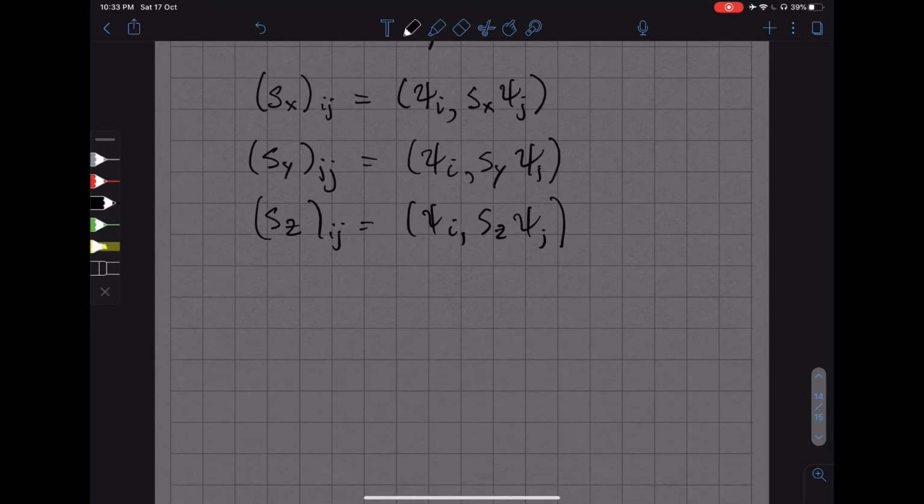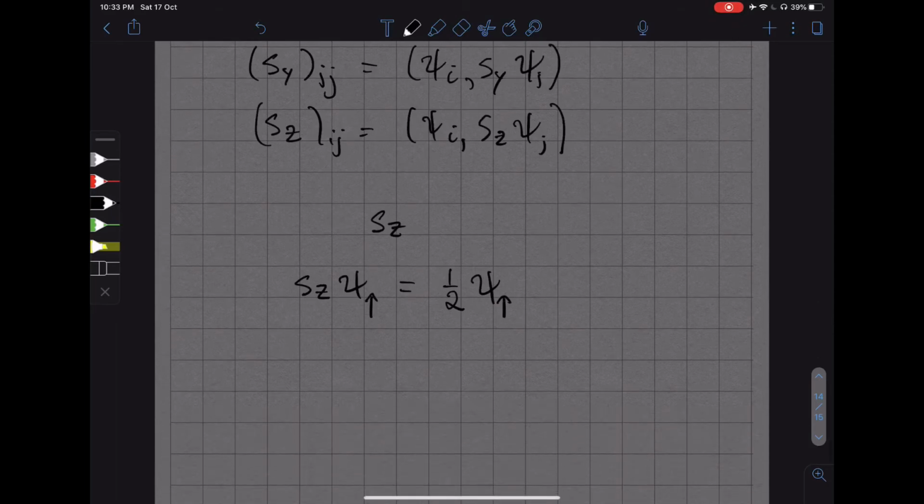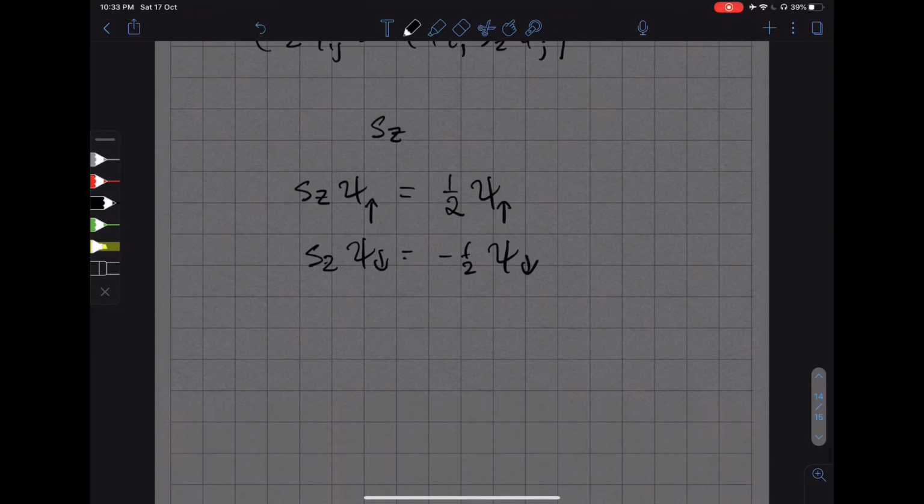Let's first derive Sz. We know that Sz acting on psi up is going to be half times psi up. This is by definition. Sz acting on psi down is going to be minus half of psi down. Then let's look at S up up.